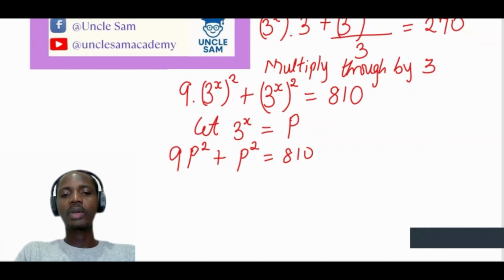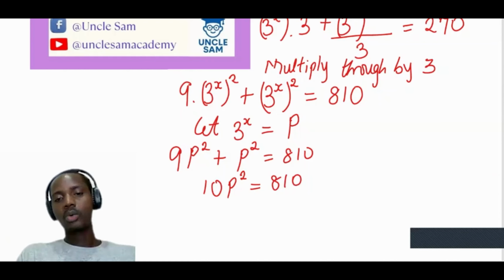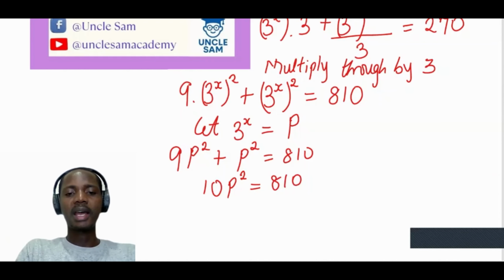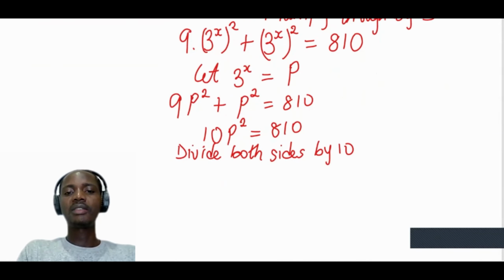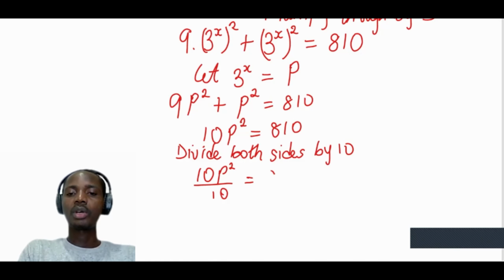Now 9p squared plus p squared gives us 10p to the second power equals 810. Now this is a quadratic equation I was talking about. So we can divide both sides by 10. Doing that gives 10p to the second power divided by 10 equals 810 divided by 10. So it means p to the second power is equal to 810 divided by 10, that gives 81.